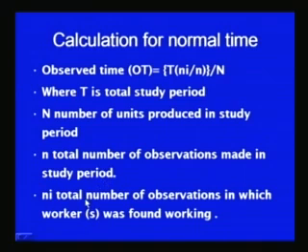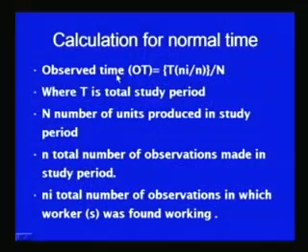Then Ni is the total number of observations in which the worker was found to be in working condition. So, if he is producing capital N units over the study time T, Ni is the number of observations in which he is found working, and the remaining times he was idle, out of the total number of observations small n.